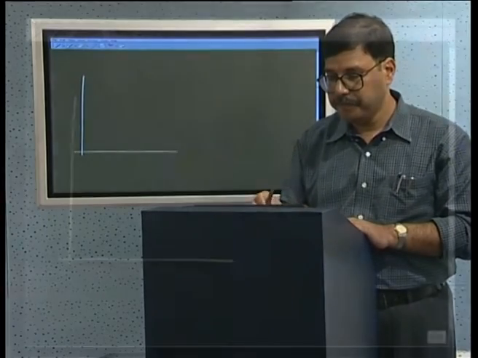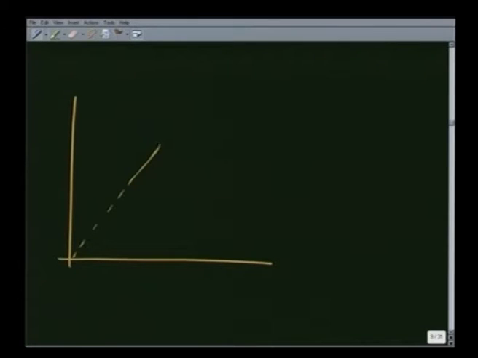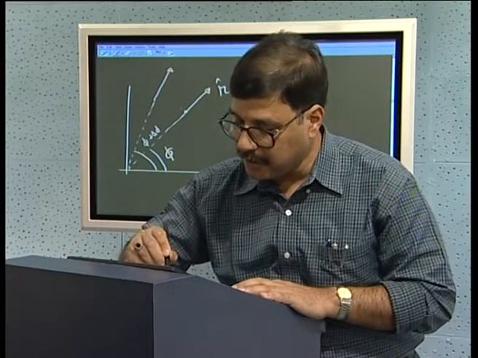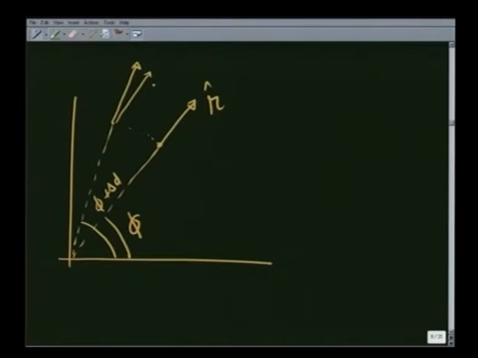So, if I were to make the unit vector r again, here is the particle, here is unit vector r. As the particle moves, let us say in this direction, so that phi changes from phi to phi plus delta phi, the unit vector has changed by this much. Initially, if I move this parallelly, the unit vector was in this direction. So, this is the change in unit vector r. How much is this angle? This angle is delta phi.